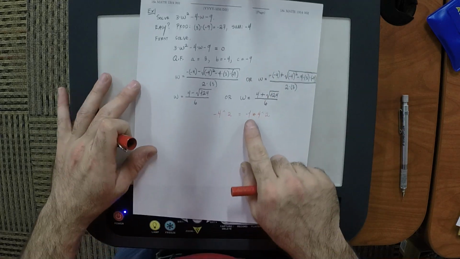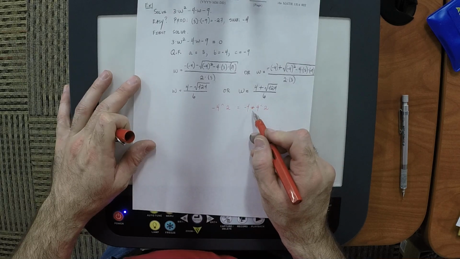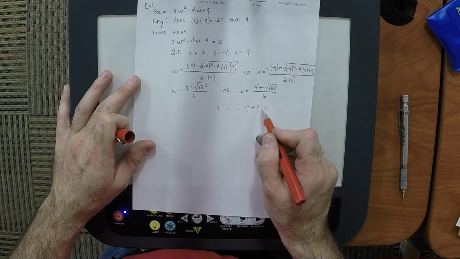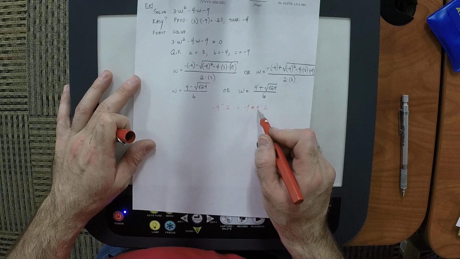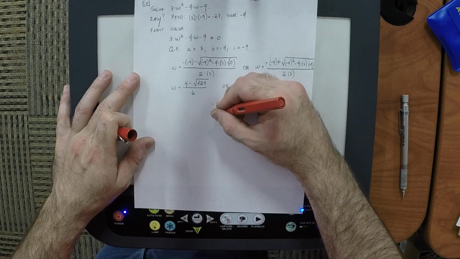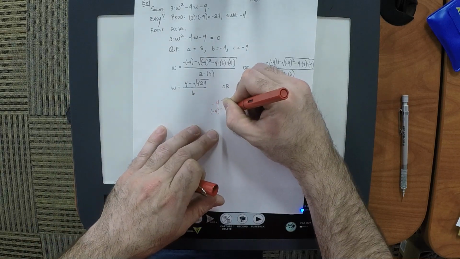So in the order of operations, which occurs first? This one occurs first. So when you do this, this is negative 16. But in fact, you meant negative 4 squared.